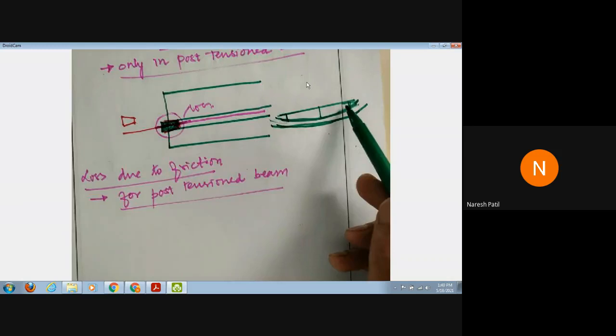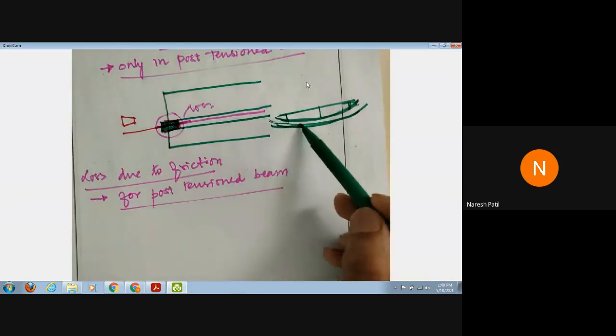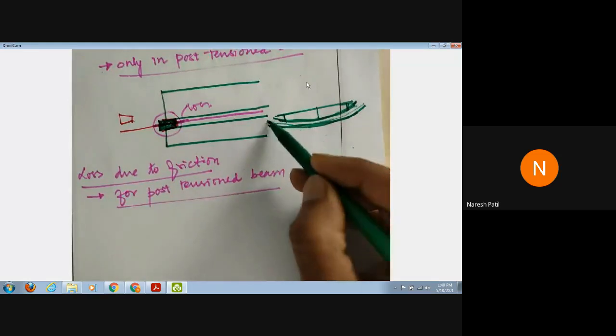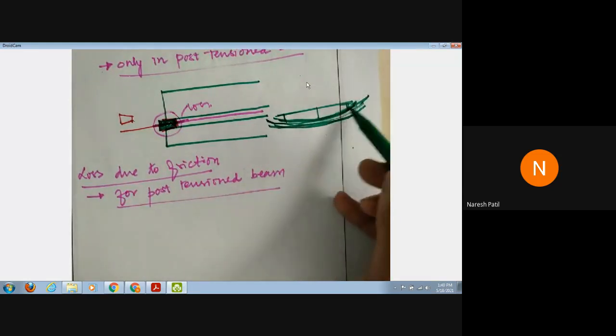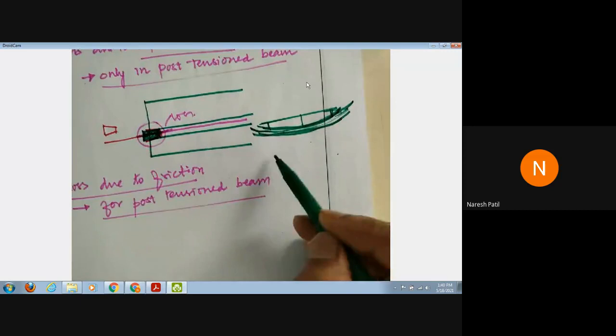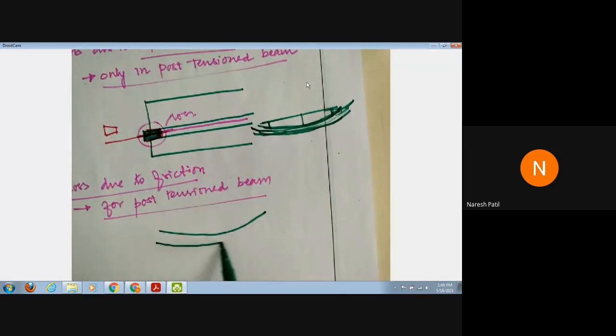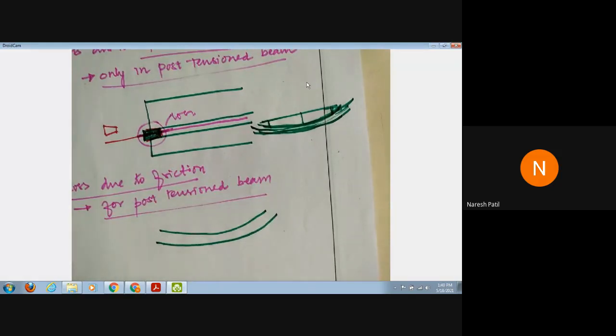So because of this, when the tendon is tensioned through the duct, there will be loss of stress. There will be loss of stress in the member due to friction between the tendon and the duct. How will the loss occur? Look, if the tendon profile is parabolic, and this is a duct, and through that you have passed the cable.